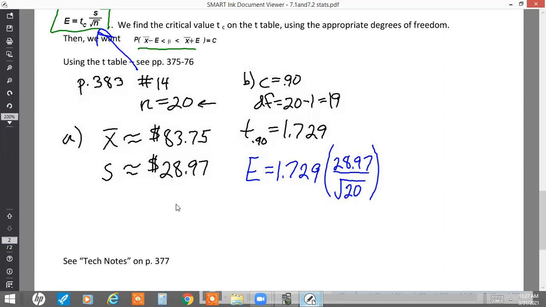So I'm going to plug that into my handheld calculator here. It's approximately 11.2.